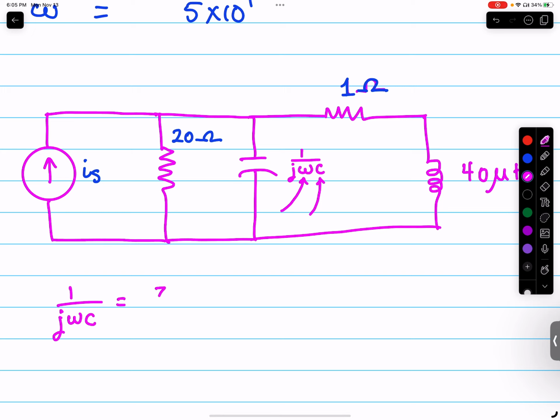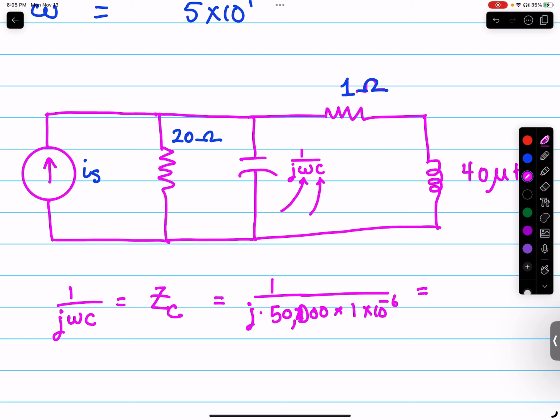Now, what is this? This is the ZC impedance of the capacitance, right? So that is equal to 1 over j omega. Omega is 50,000. C is given to be 1 microfarad, 1 into 10 to the negative 6.